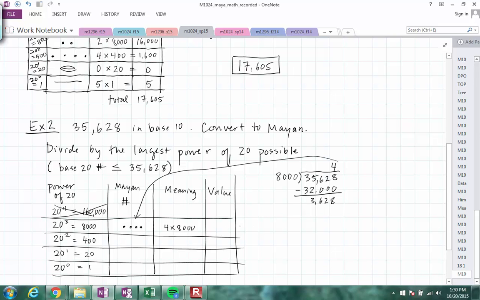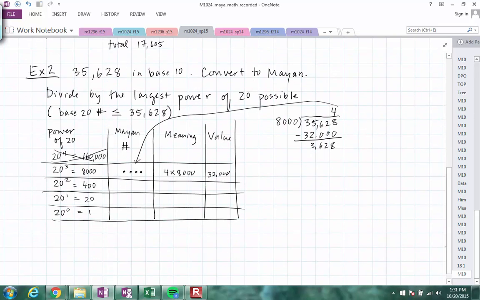And you can find the value here. I guess I can write that in there. It's 32,000. Anyway, not necessary, but just to connect with what we did before.